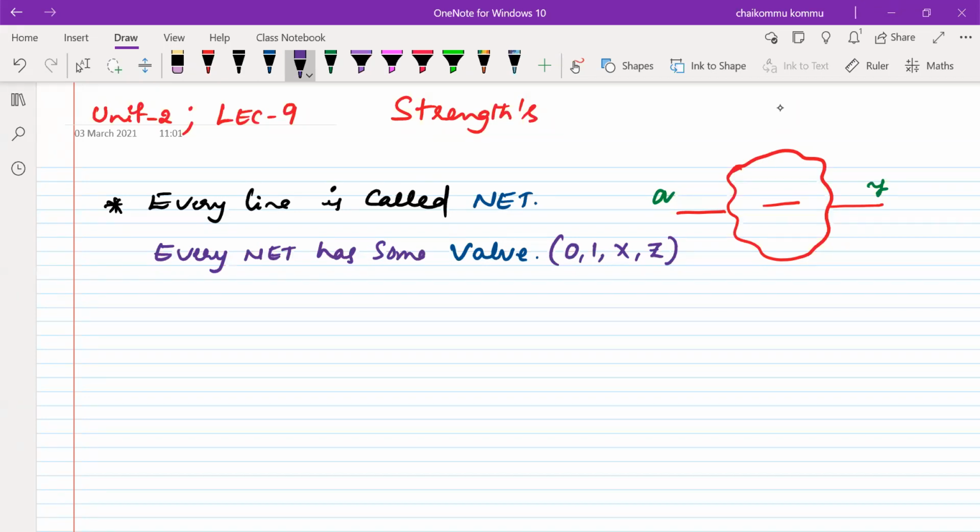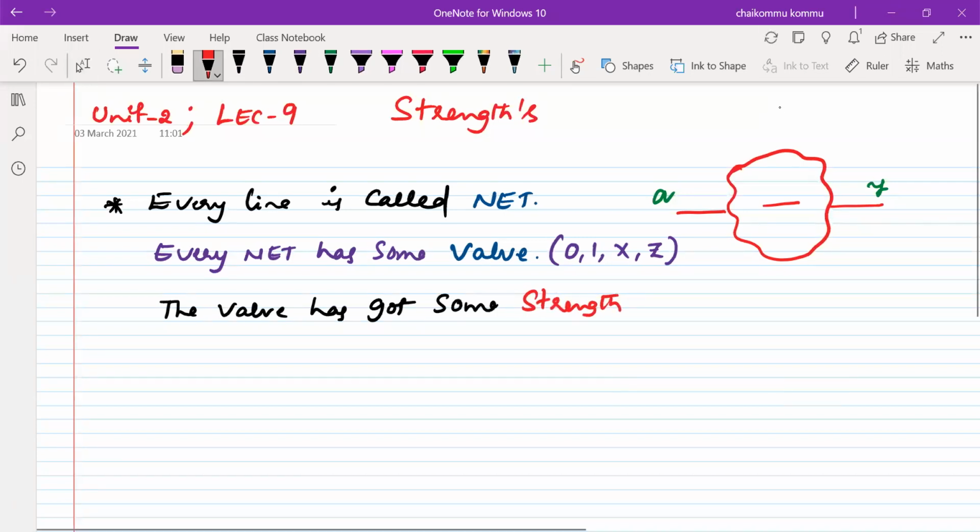So the value has some strength in it. Why did this strength come into existence?